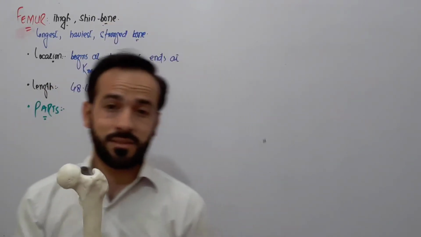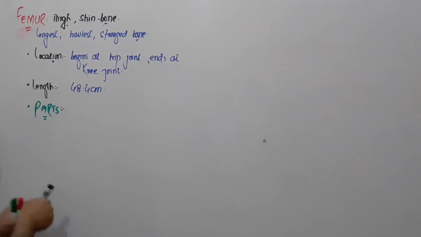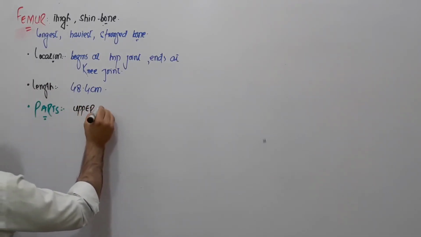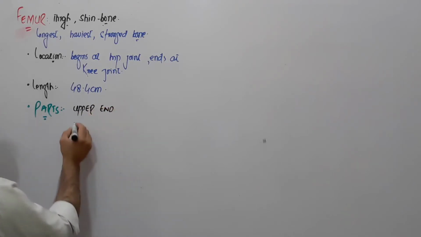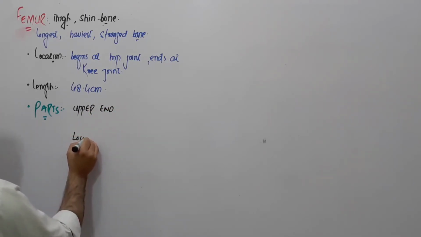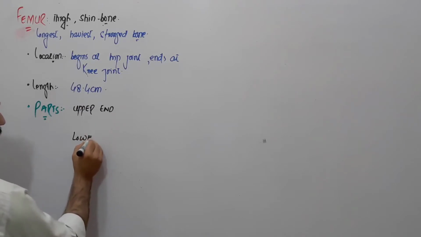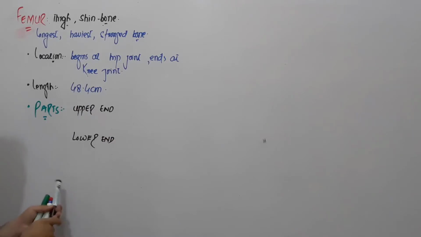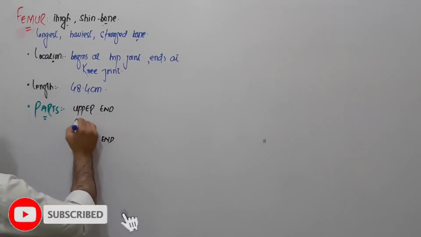We will discuss the important aspects of the femur bone in the upper part, then its shaft, and then its lower part. So into how many parts do we divide the femur bone? Into three parts: first the upper end, then the lower end, and then the shaft of this bone.